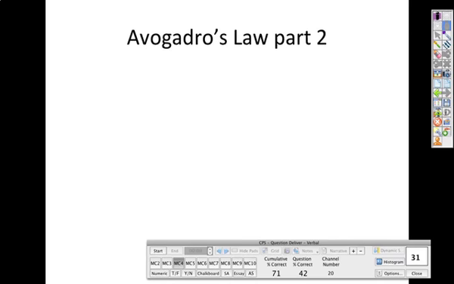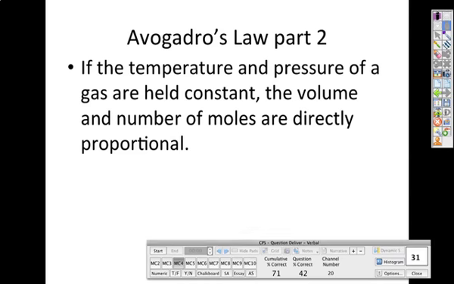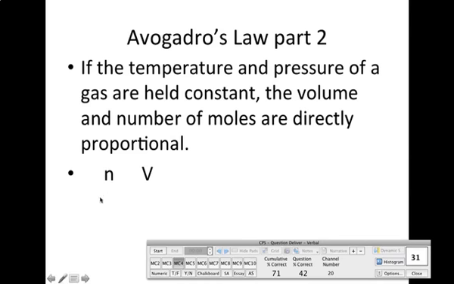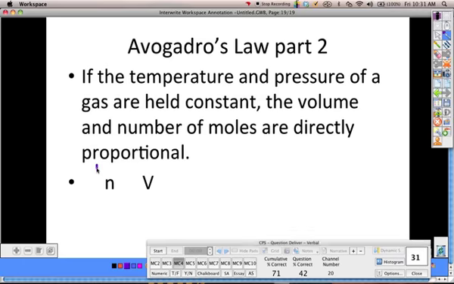So, Avogadro's Law Part 2. If we change certain things, what's going to happen as a result? If the temperature and pressure of a gas are held constant, the volume and number of moles are directly proportional, which means if I'm increasing the number of moles but keeping temperature and pressure constant, my volume's going to increase.